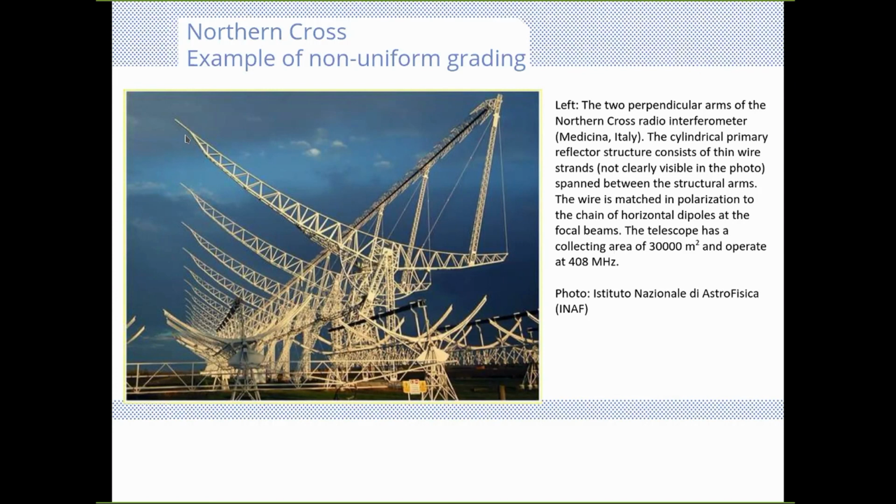They're almost like a bit thicker chicken wire. Those strands span these arms here, and that is a great example of non-uniform grading, right? So you only have a reflector at certain points in this UV space in the antenna.